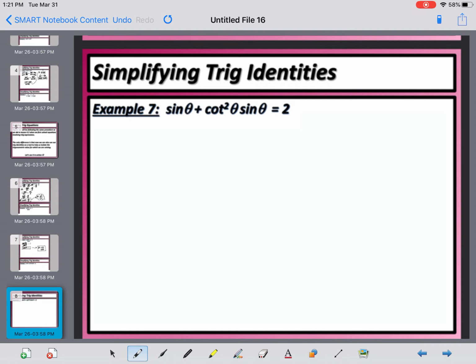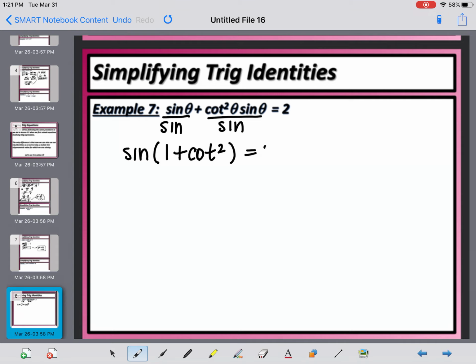Okay, so I would take a GCF out of this. So I see that there is a sine in common. I'm going to take that out, so I have 1 plus cotangent squared, because now 1 plus cotangent squared is a Pythagorean.